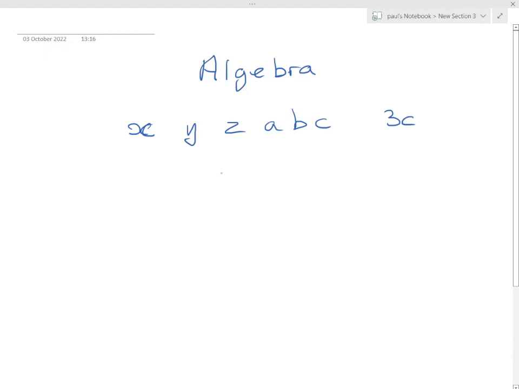Now, we're going to do simplifying, which in algebra parlance is called collecting like terms. Now what does this mean?